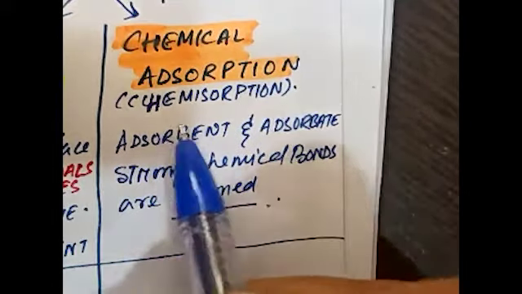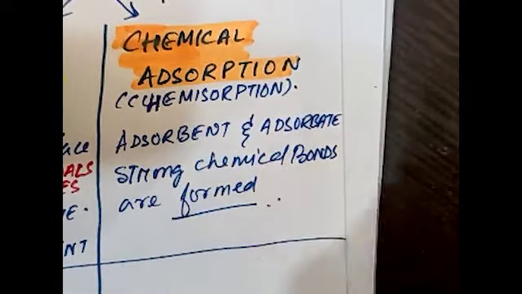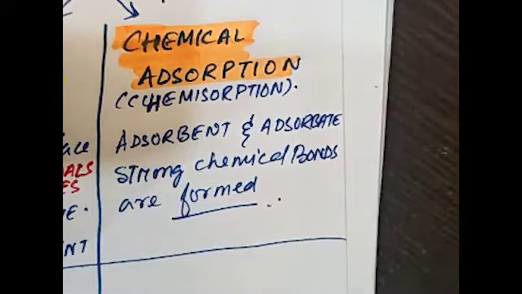Fine. Adsorbent and adsorbate के बीच में strong chemical bonds form हो जाते हैं, okay. Next, this is about the definition.